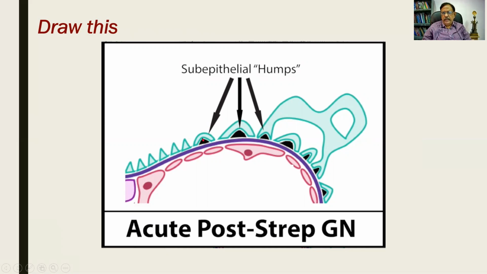So when you study the light microscopy or any other microscopy, you find that there will be bumpy deposits. We call it as humpy bumpy deposits or the subepithelial deposits, which are seen in post-streptococcal glomerulonephritis. This we shall draw.